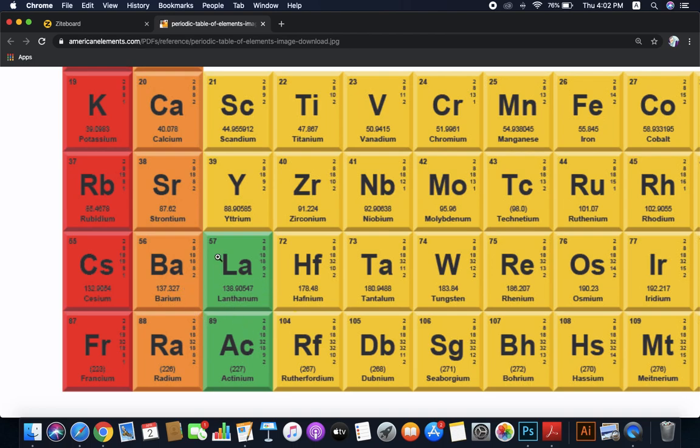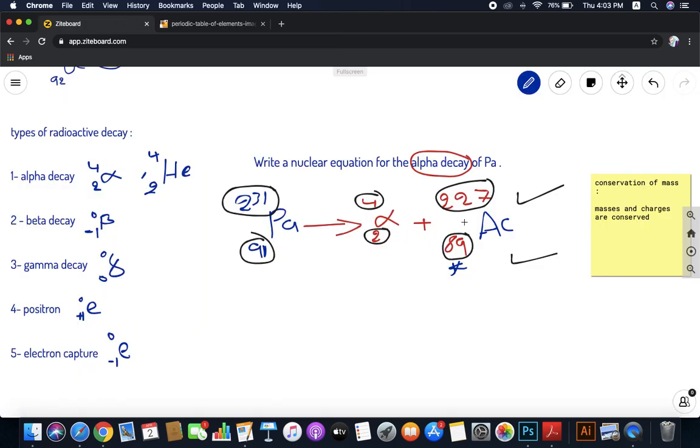So the periodic table is organized based on the atomic number. Now the atomic mass, if you noticed here, for Ac is 227, and the atomic mass here is 227. They have the same atomic mass. In some questions, you will find different atomic mass. Now, if two same atoms have different atomic mass, what do we call them? Isotopes.